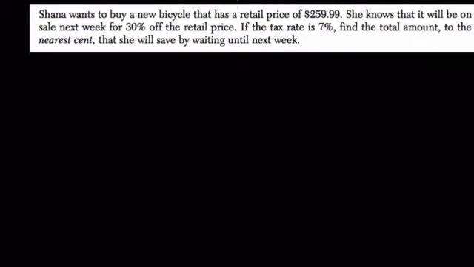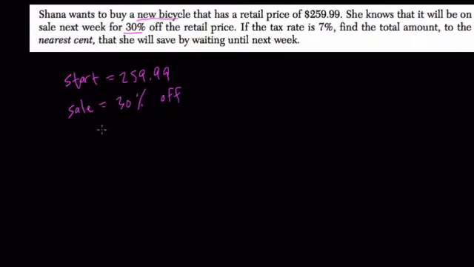Okay. Here, Shauna buys a new bicycle, and the starting value, which is always a key here, equals $259.99. And she knows that next week will be 30% off. So the sale is equal to 30% off, not of, but off of the original.